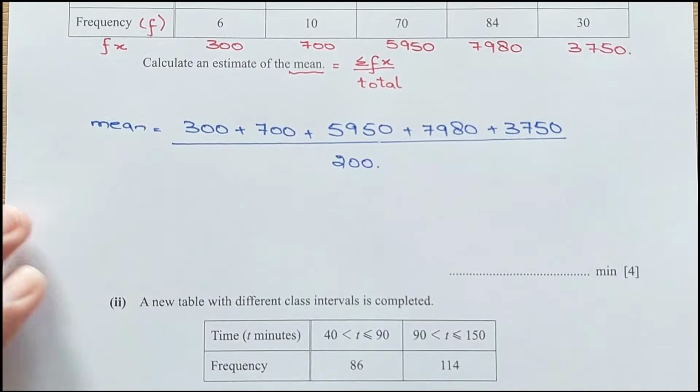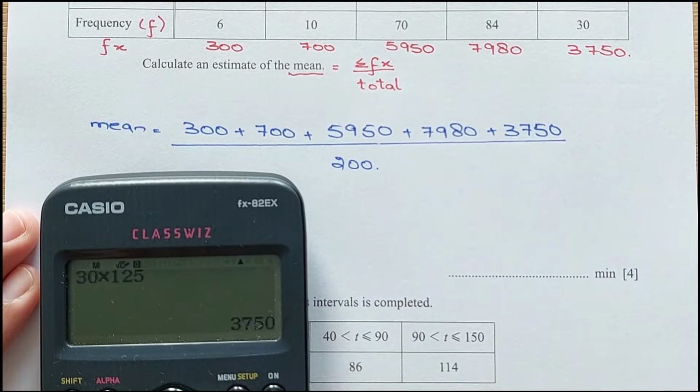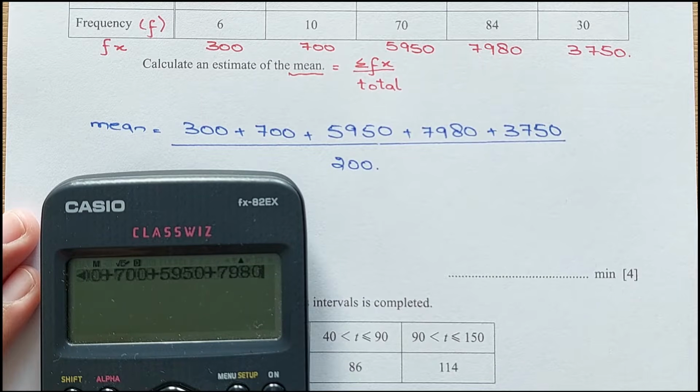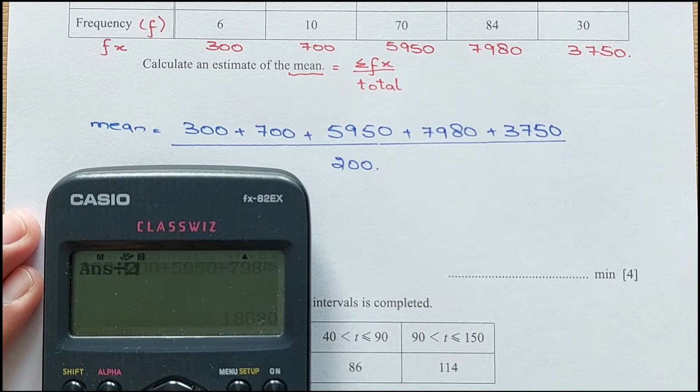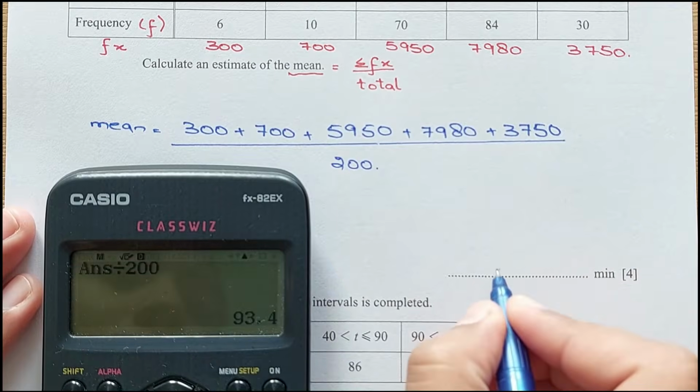Right. Now let me calculate the value. 300 plus 700 plus 5950 plus 7980 plus 3750, now dividing by 200, this equals 93.4 minutes, the mean.